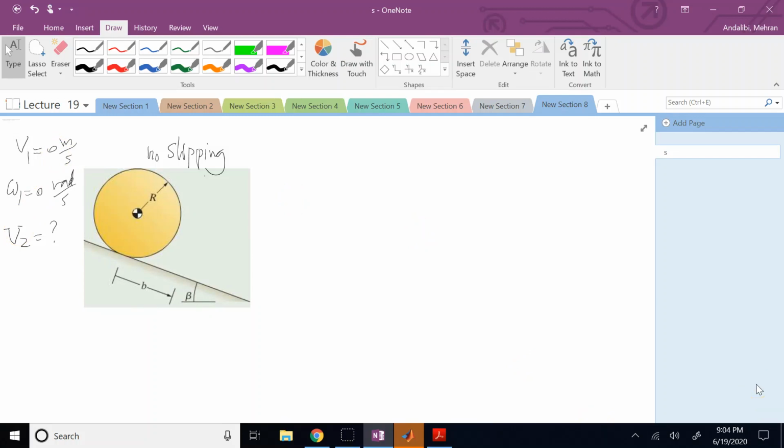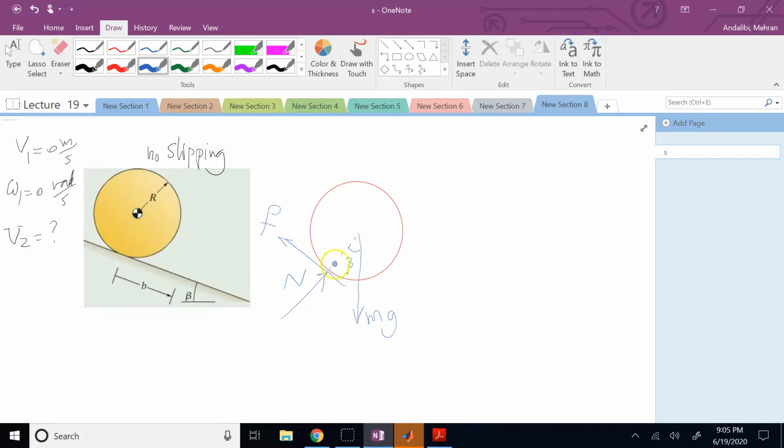Then we have to, of course, draw a free body diagram of this disk, so I draw it here. The forces acting on it are mg, the normal force, this angle is beta, and then there is friction upward, which allows this object to rotate, right?